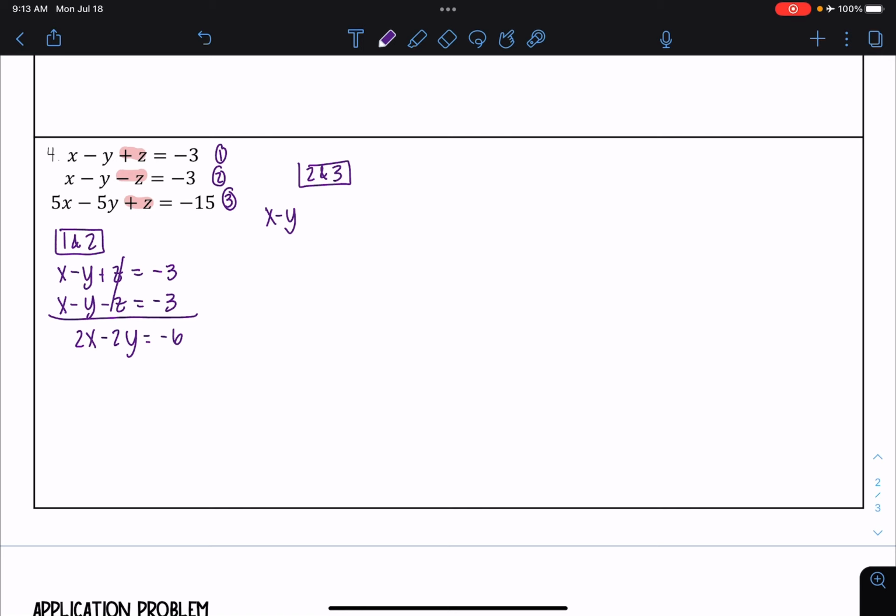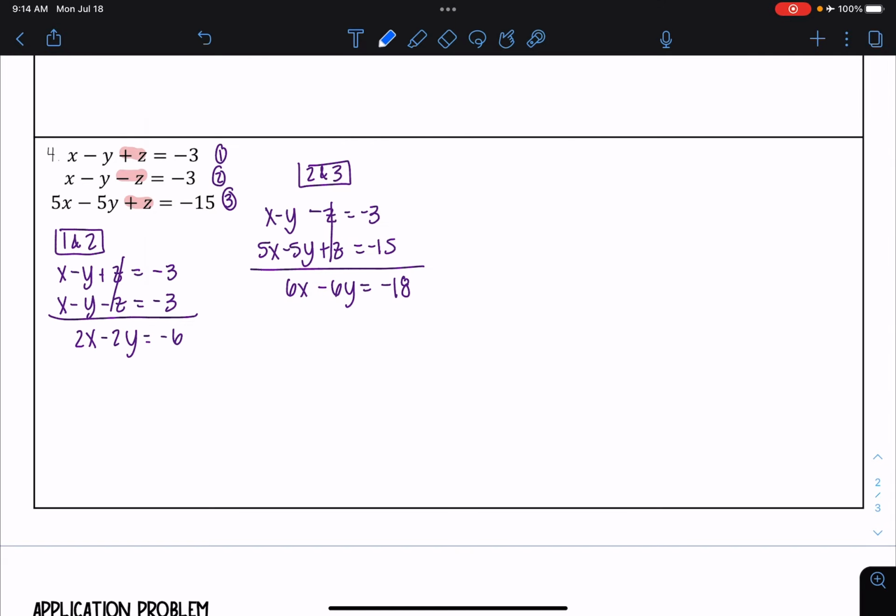And I choose 2 and 3 because my z's already have opposite coefficients. And so I see that my z's cancel again here because -z plus z equals 0. x plus 5x, I get 6x. -y minus 5y, I get -6y is equal to -18.